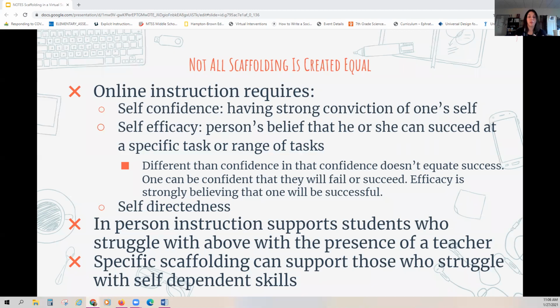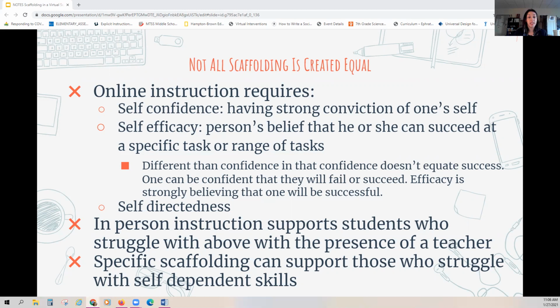We've heard of scaffolding before, just like I just mentioned. Something that we at times forget as teachers is that not all scaffolding will work the same way for everyone. There are some skill sets that students require in the virtual realm that they don't necessarily need to have in person. When we're talking about students working virtually, there are some skills.